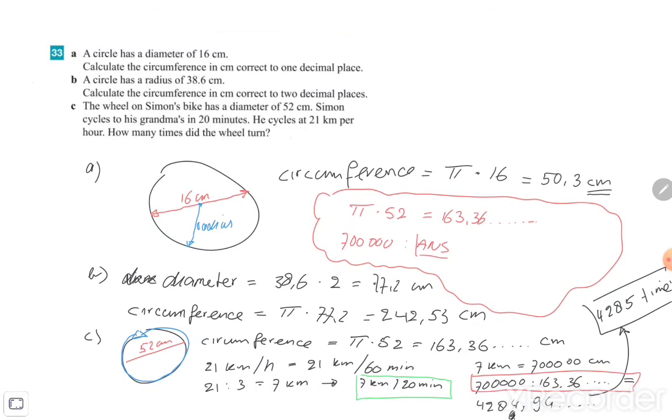Beneath you will find somewhere the ANS button, which means answer, the previous answer that was on your screen. And then you get 4,284,94, etc. Very important, because then you go on with an unrounded answer.